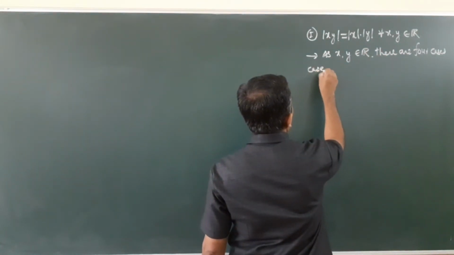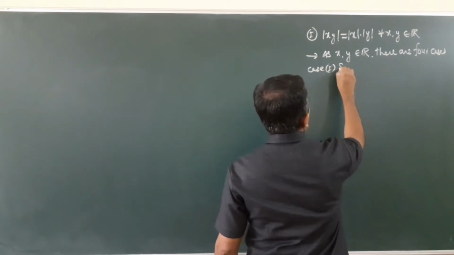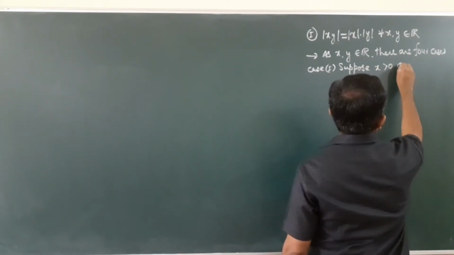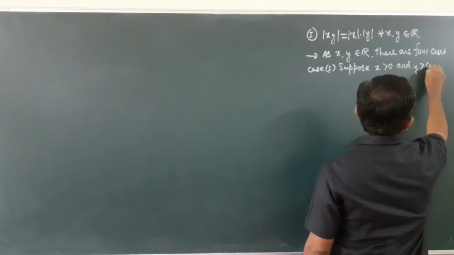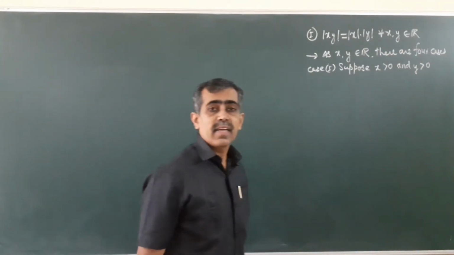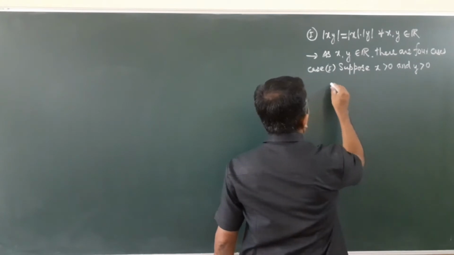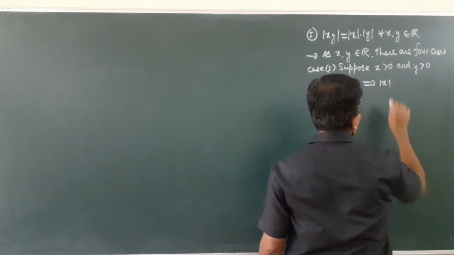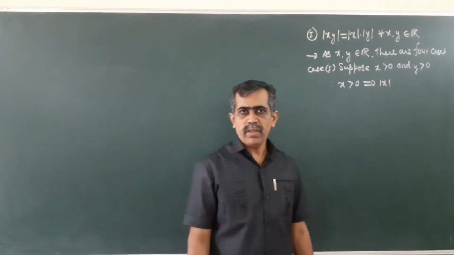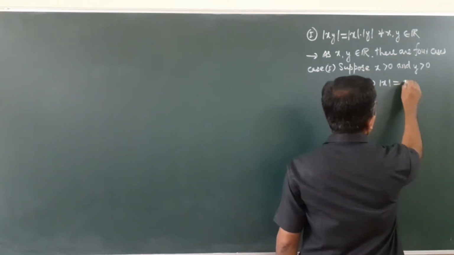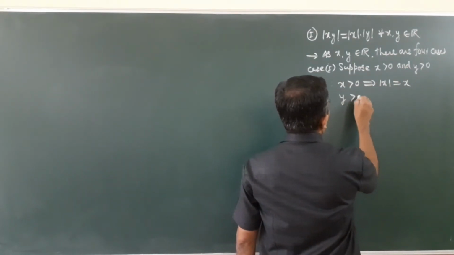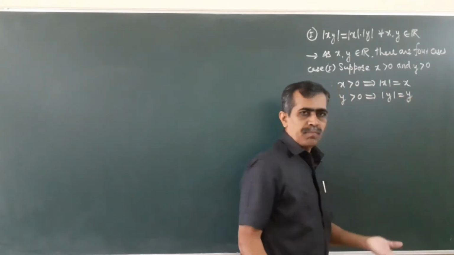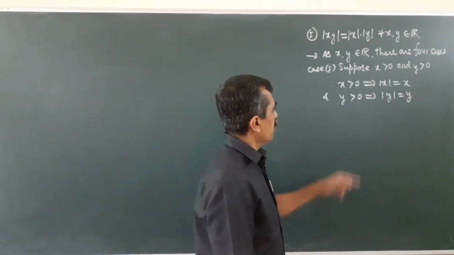So, case 1, suppose x greater than 0 and y greater than 0. Suppose both of the real numbers are greater than 0. Now see, x greater than 0 implies what is mod x? If x is a positive real number, mod x is x itself, and y greater than 0 implies mod of y is y itself, because y being positive, absolute value of y is y itself.